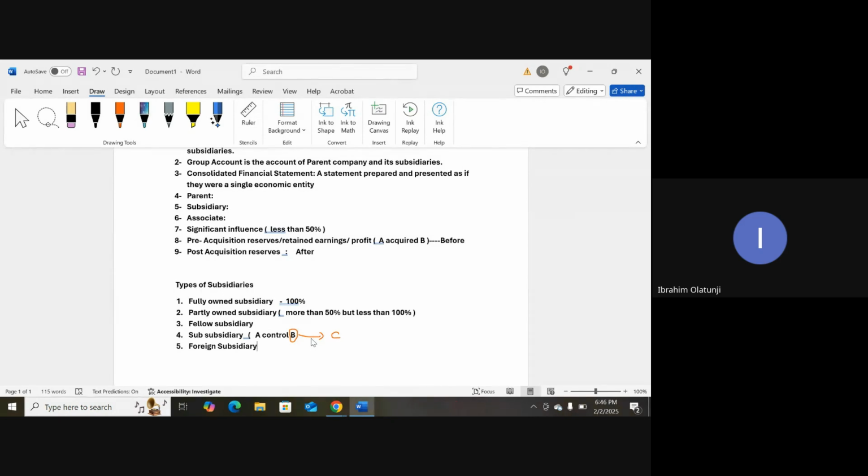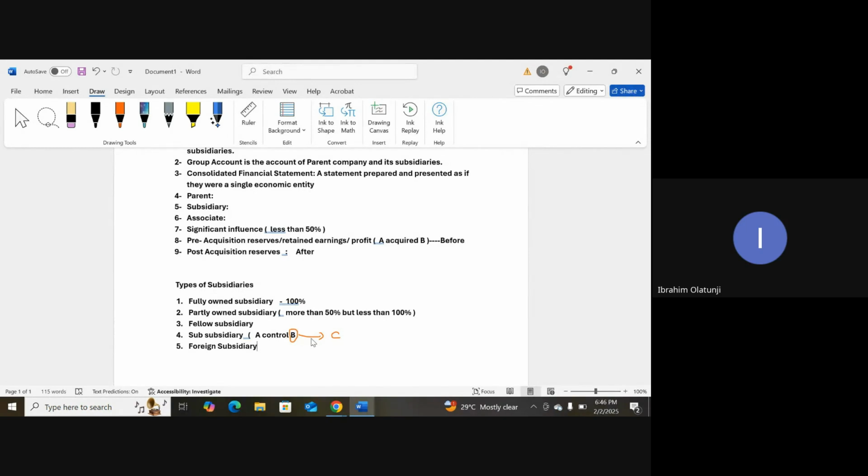For instance, if a subsidiary is located here in Nigeria, but the parent company is located in UK, we call it what? Foreign subsidiary. Or if a subsidiary company is located in USA and the parent company is located in Ghana, we call it what? Foreign subsidiary. Is it clear? Yes, sir.